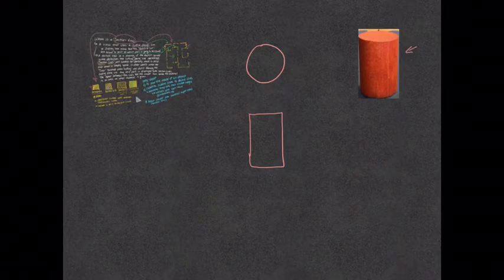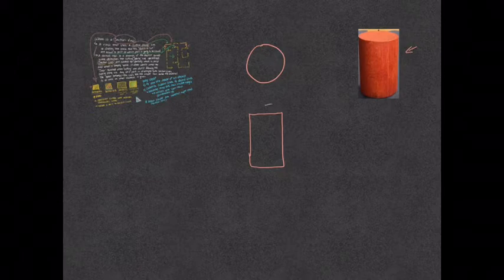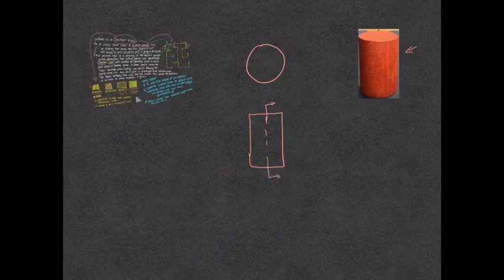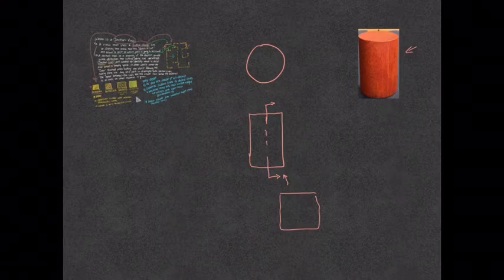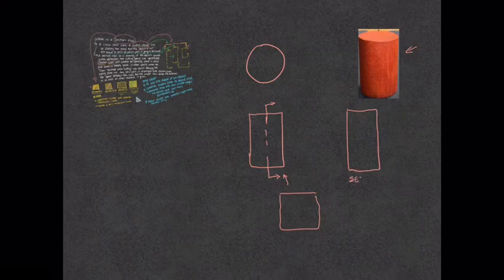So I'm going to put my cutting plane line, and now I'm saying that I will take this part and I will rotate it so that it's looking at you. And I'm going to align it with the view that it would be at. Underneath that view, it's now going to say section, and then I'm going to label the cutting plane line.